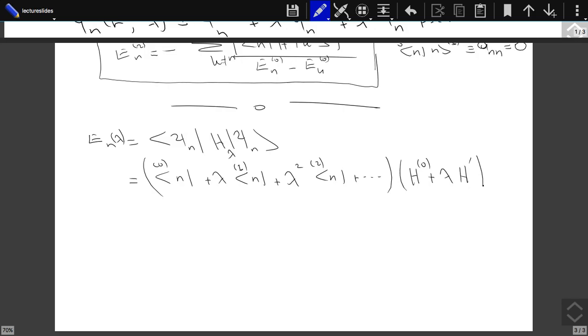This is exact. And we just write the ket |n0⟩ plus λ|n1⟩ plus λ²|n2⟩ plus etc. So assuming you know the corrections to the wave functions, you can also just use this relation.